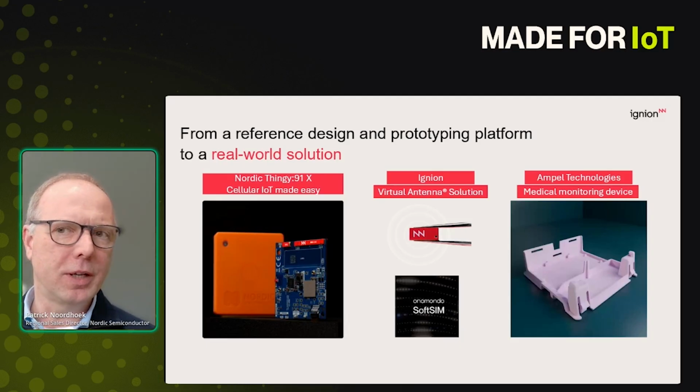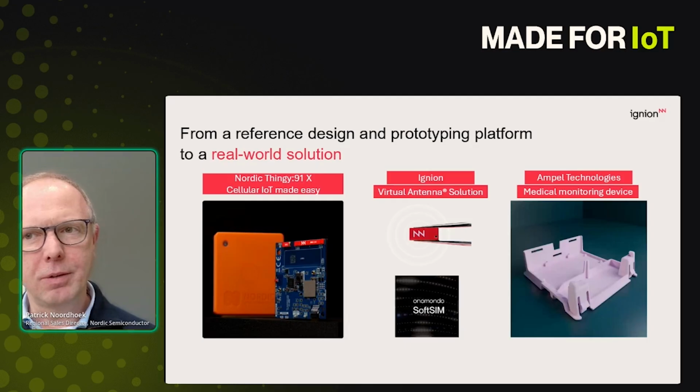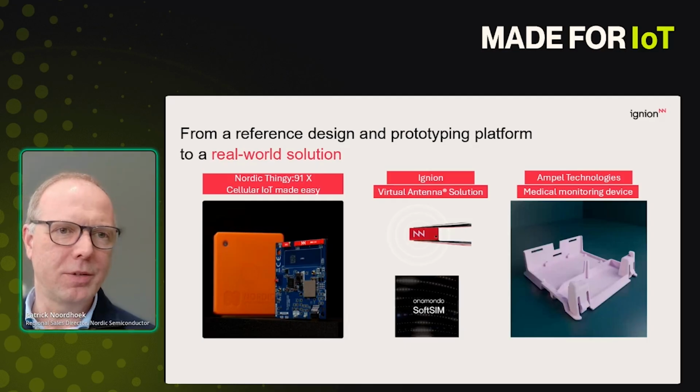Antenna design is a huge challenge. It makes it easier because there is a reference design to start with, and Ignion helps further. Picking the right connectivity supplier is hard. Coming up with a good quality solution there is good for a customer. So we show Onomondo as a reference there, and that helps a lot of customers to get going.